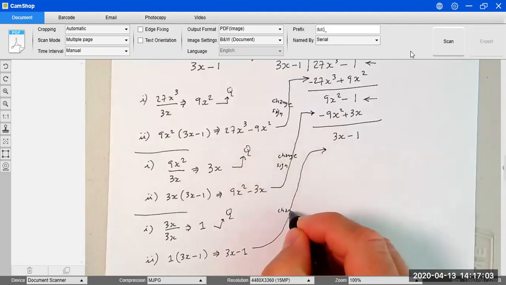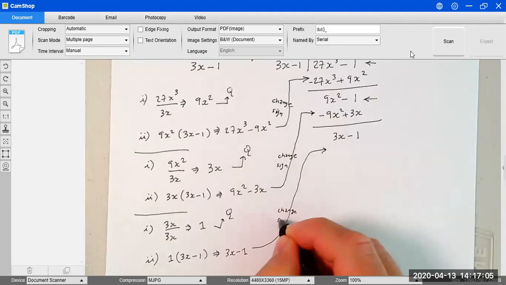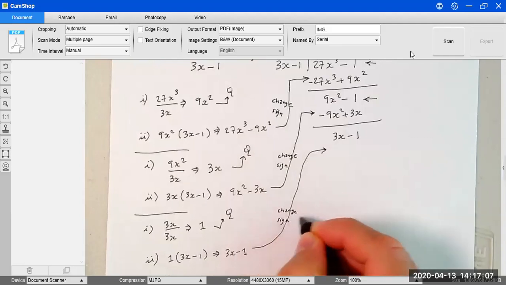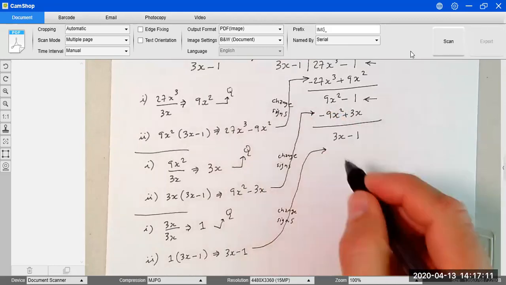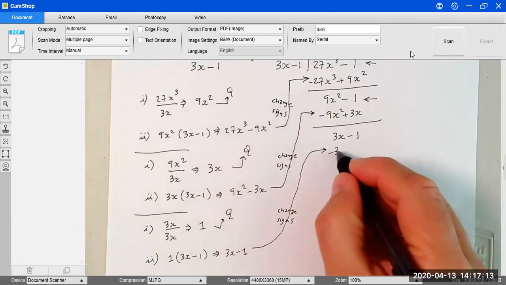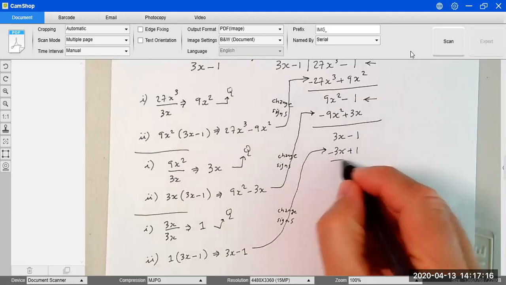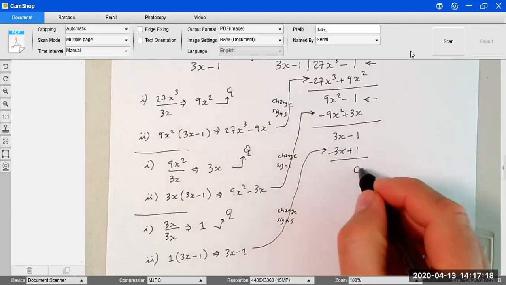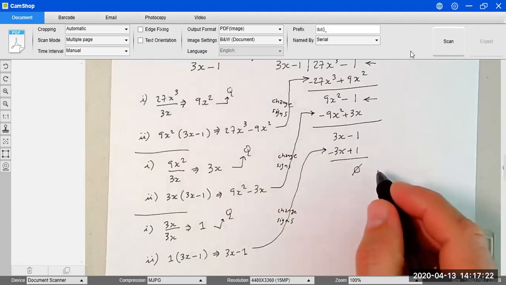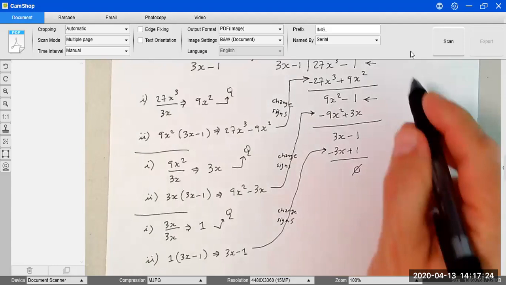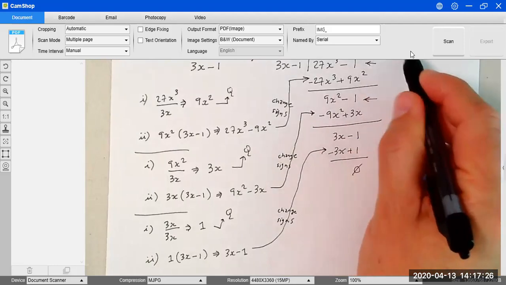So we're going to change the signs, because there are two terms in every case. So I'm going to get negative 3x, positive 1, and then everything cancels. So we're going to get 0 as my remainder.